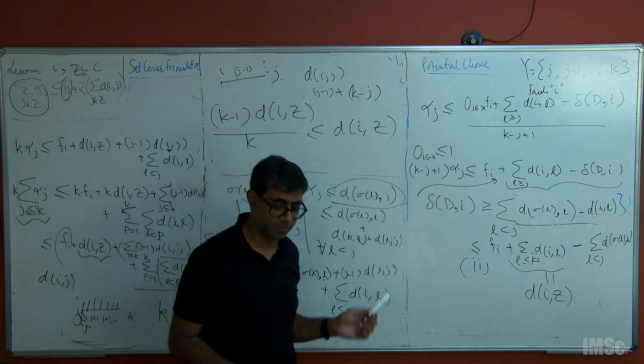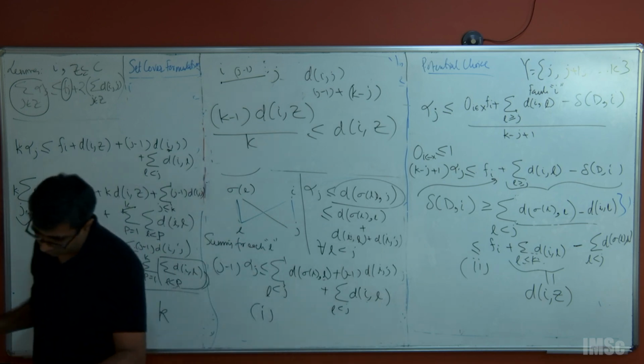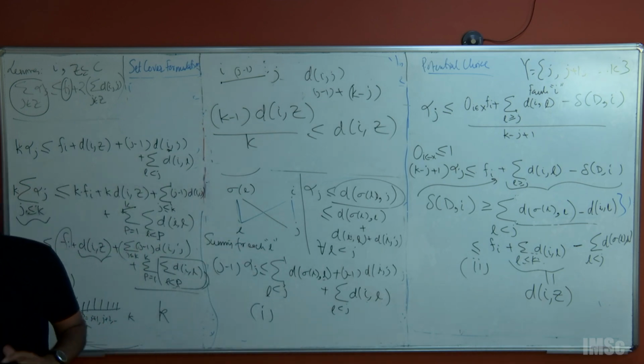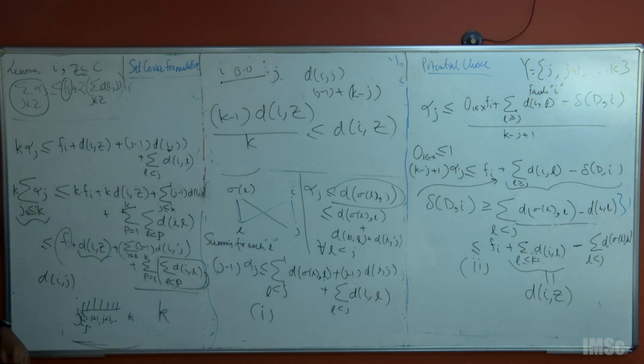So this is a factor 2 approximation. Actually, if you work hard, this is not a factor 2 approximation. If you really work hard, it is 1.61, but that is beyond me.